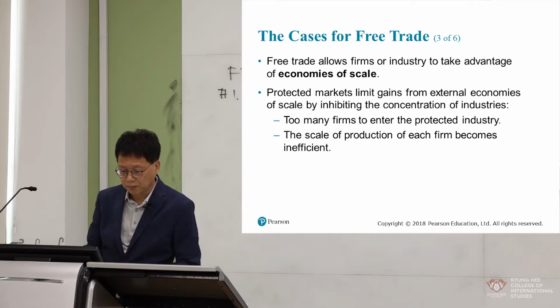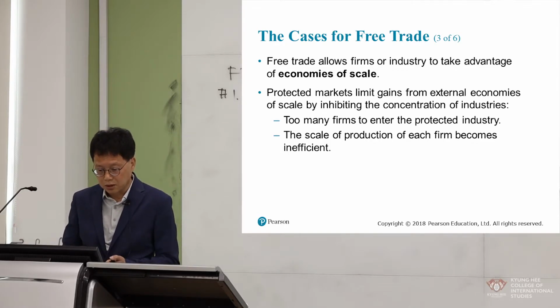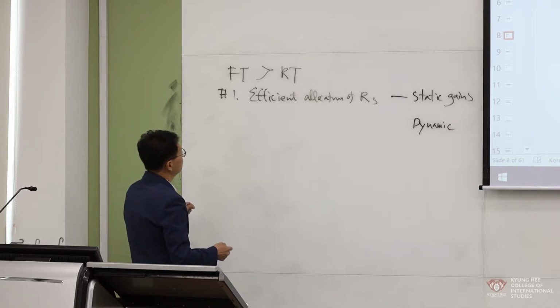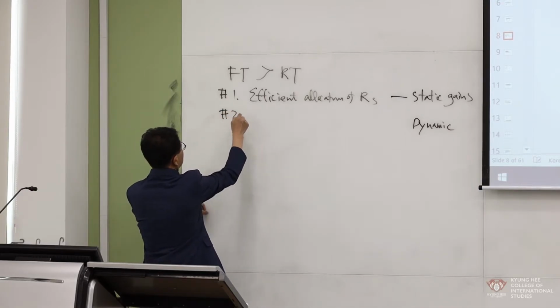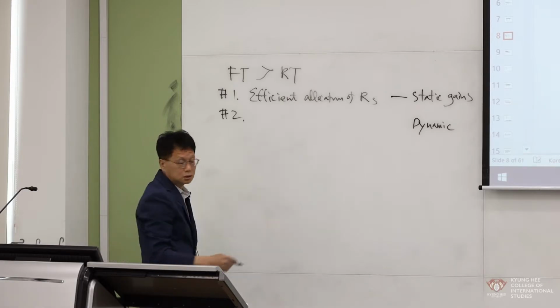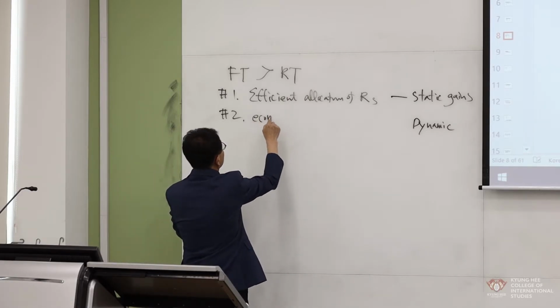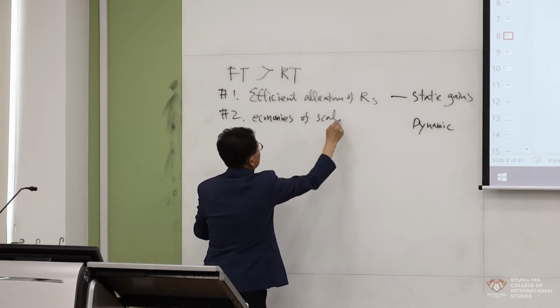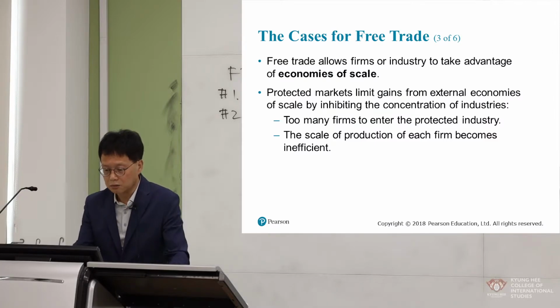And slide number 8. Free trade allows firms or industries to take advantage of economies of scale. The second reason why free trade is better than restricted trade is economies of scale.